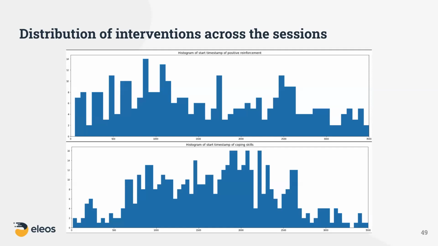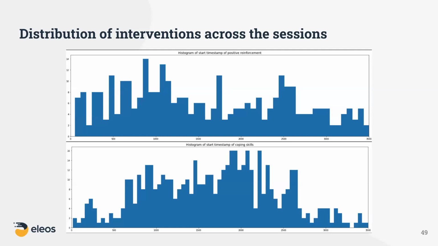Another interesting thing we can look at is the timestamps of the usage of the interventions. So we have here positive reinforcement and the timestamp of the session here, and there's kind of a hump in the beginning of the session. And here we have coping skills. If you squint, maybe it's like a normal distribution.